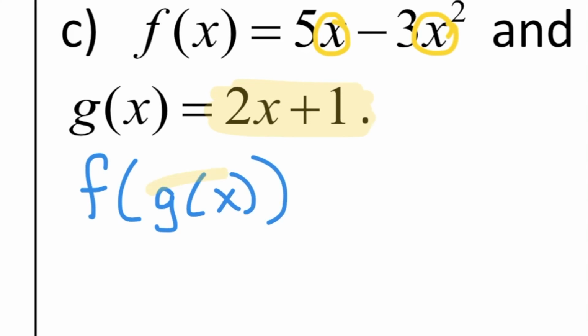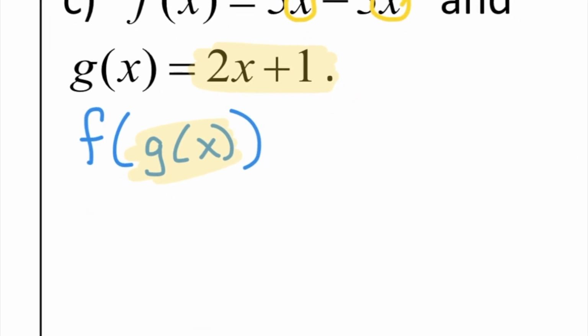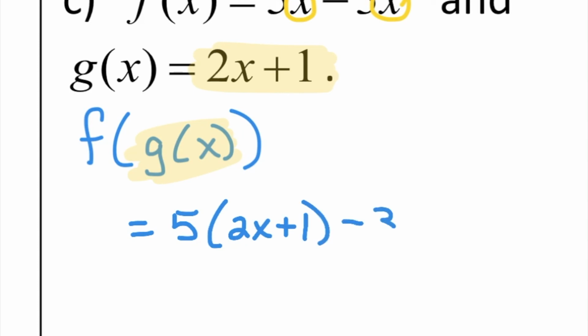And then that g is going to be where I circled yellow up there. And so that is going to equal 5 times 2x plus 1 minus 3 times 2x plus 1 squared. And again, this is where I substituted the g of x.